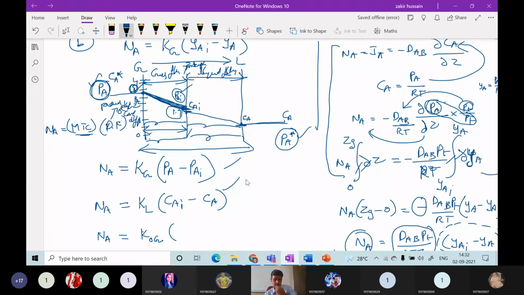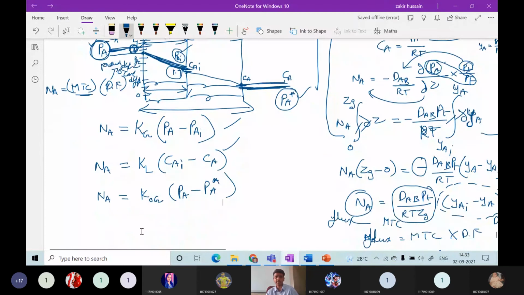See, PA is located here, but PA star is located here. PA is higher, so it is PA minus PA star.